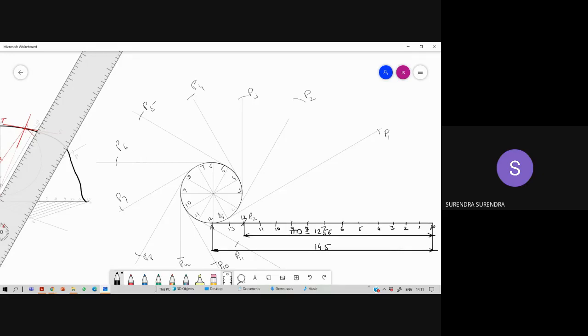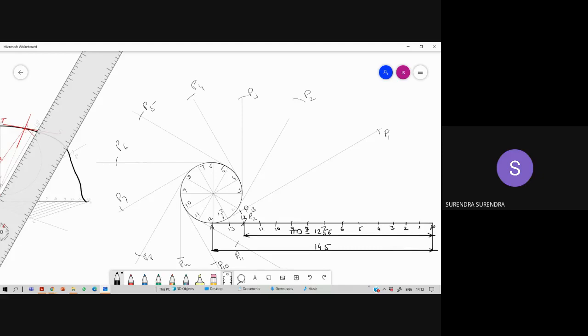Number this also with 13. 1 and 13 are the same tangents. So with distance from A to 13, 13 as center, draw arc on the 13th tangent. After 12, again the cycle repeats. P13. So depending on the length of the string, next, there is no P14.